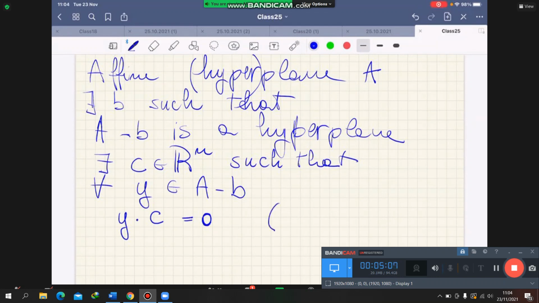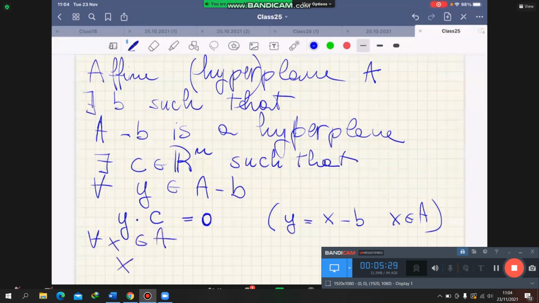But y can be written as x minus b, where x belongs to this affine plane A. So for all x in A, the inner product of x minus b with c equals 0.